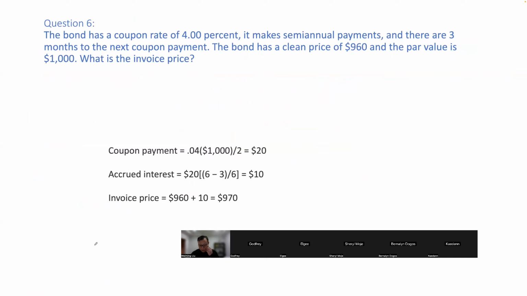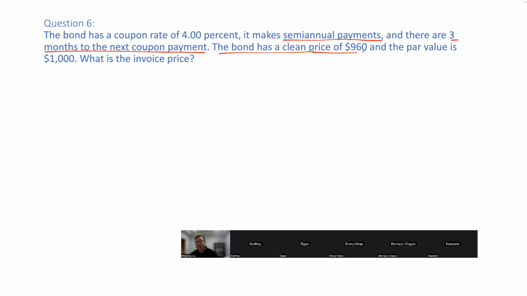Question 6. The bond has a coupon rate of 4%. It makes semi-annual payments, and there are 3 months to the next coupon payment. The bond has a clean price of $960. The par value is 1,000. What is the invoice price?